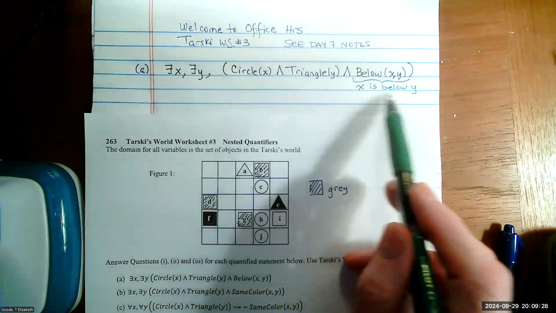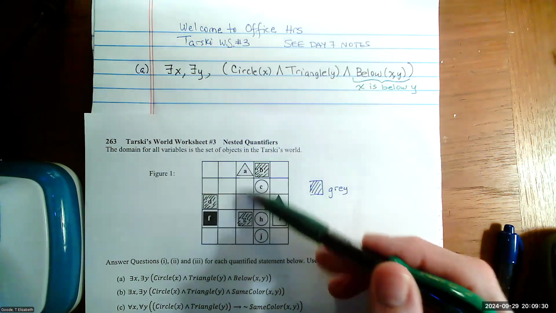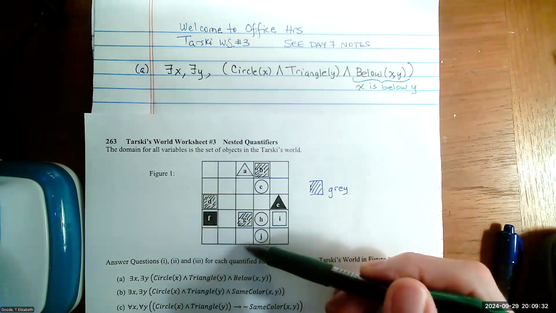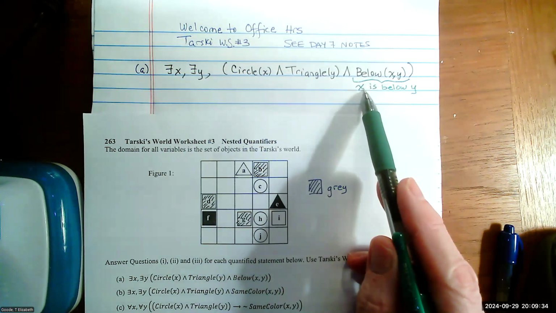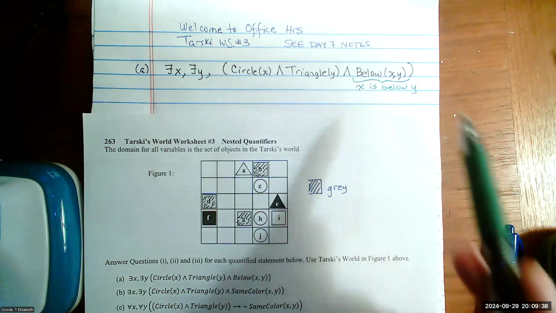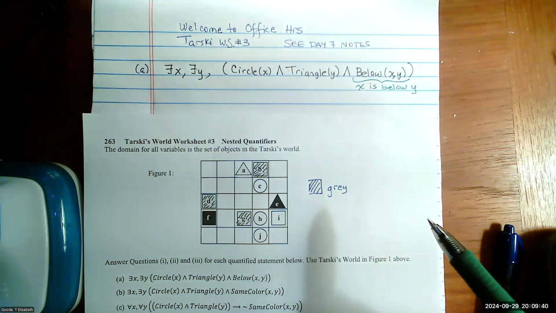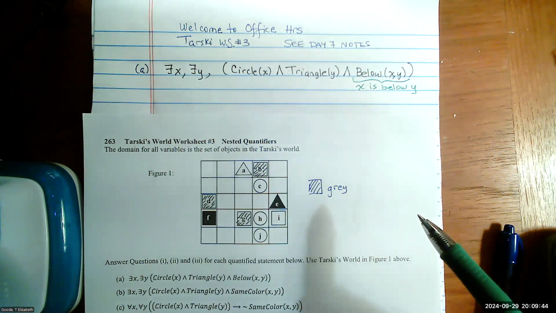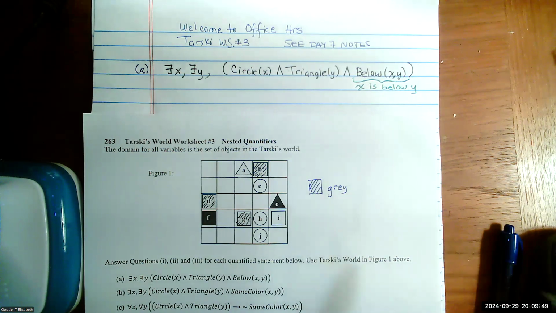So when we say X is below Y, they don't have to be directly below in the same column. It just means X is in a row that is below the row in which Y sits. Does that make sense? Yeah, that makes sense. And that's the interpretation.